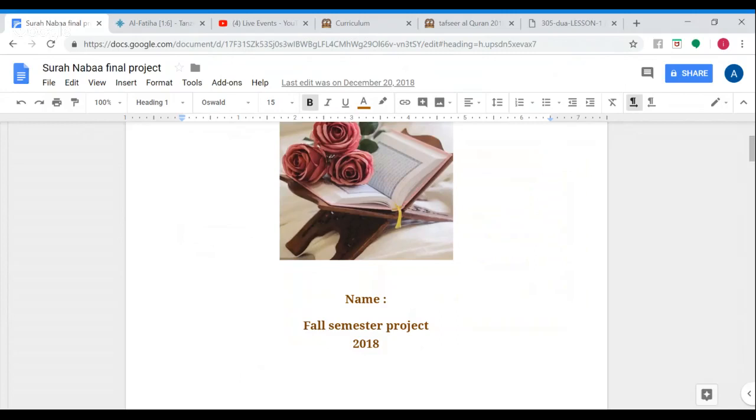If ila and ala are attached to a pronoun, then they are pronounced with ya, like "ilayka" or "alayhi". That's why you can see it in this way.